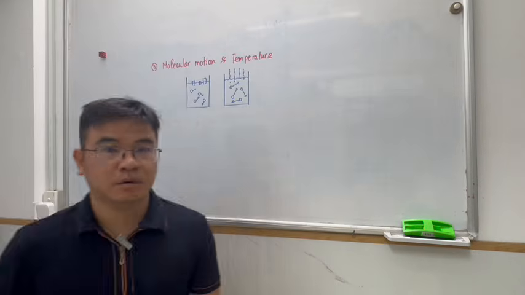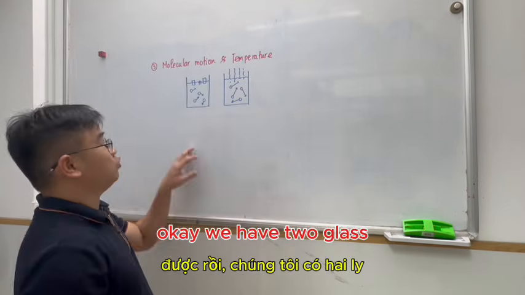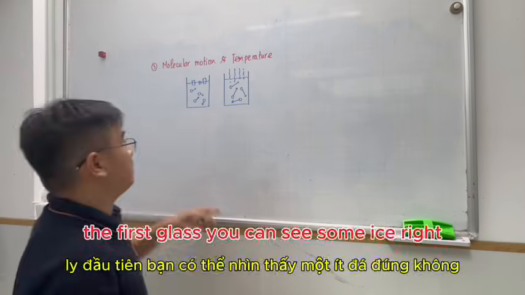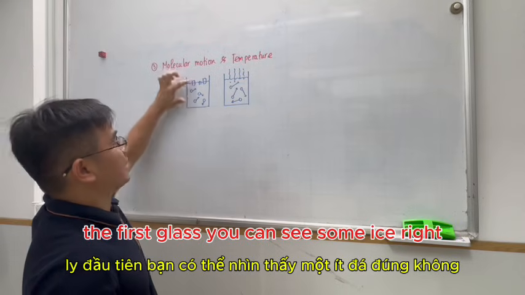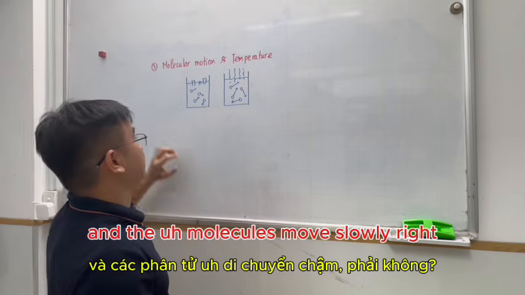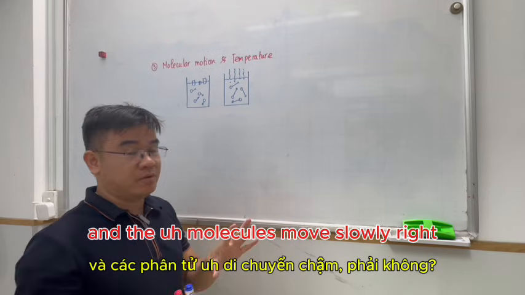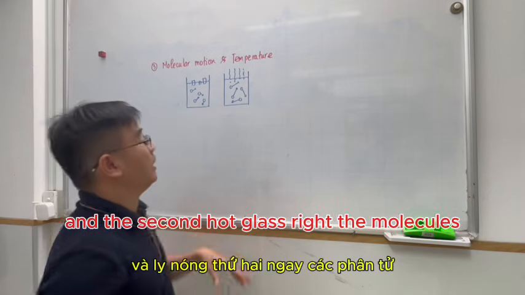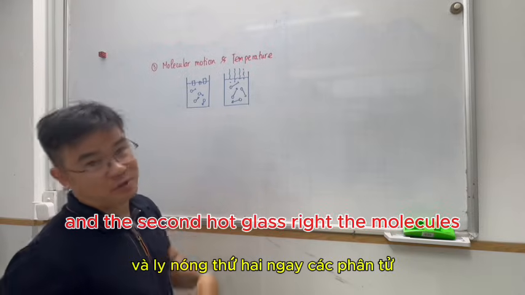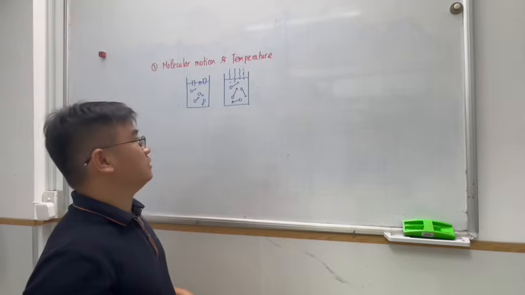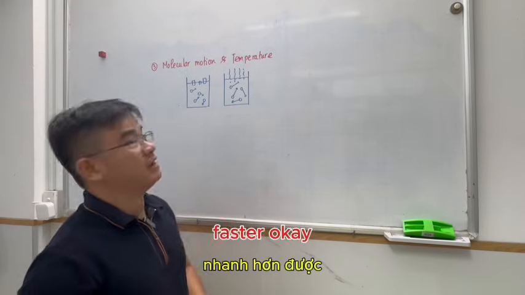Okay, we have two glasses. The first glass, you can see some ice, right? And the molecules move slowly, right? And the second hot glass, the molecules move faster.